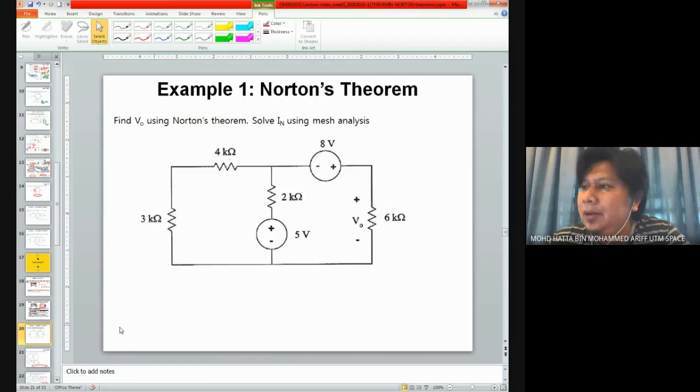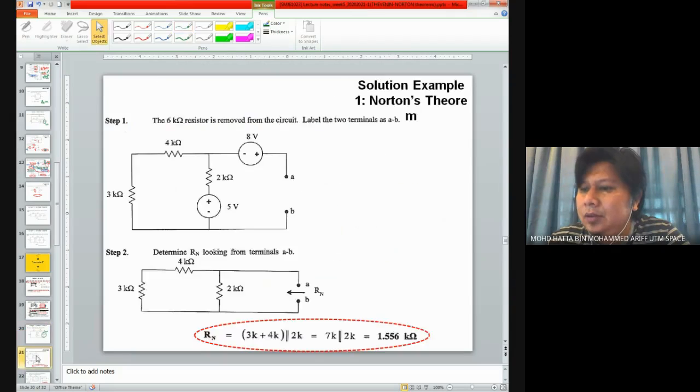So since VO is over here, means that this is our load. And we try to remove this terminal first. So removing that terminal, we end up with this kind of circuit connection.